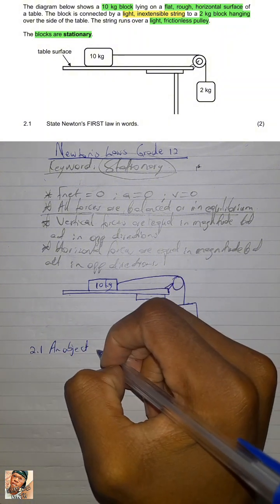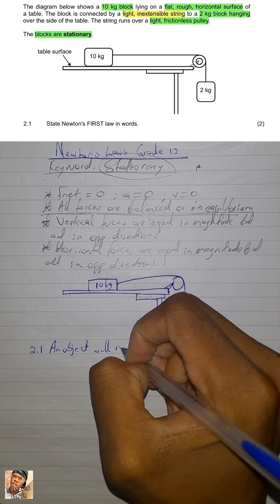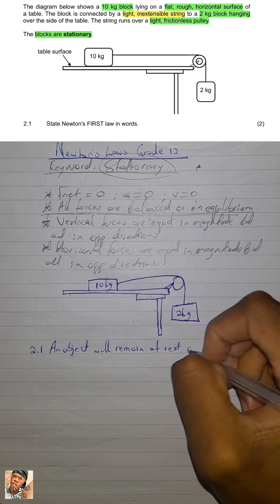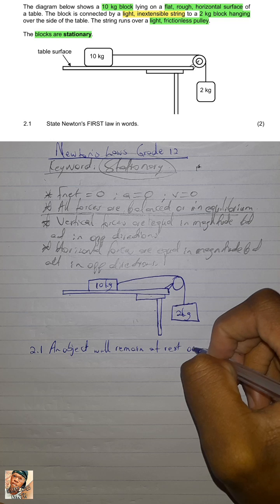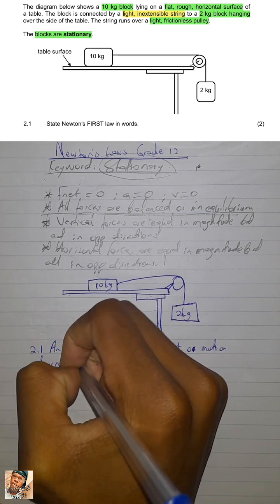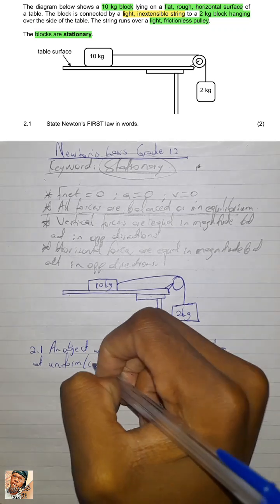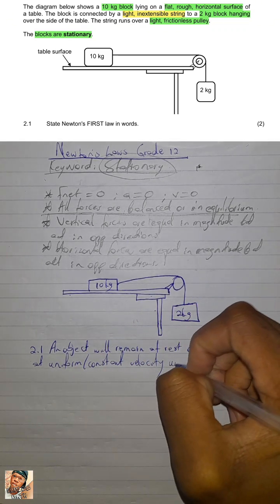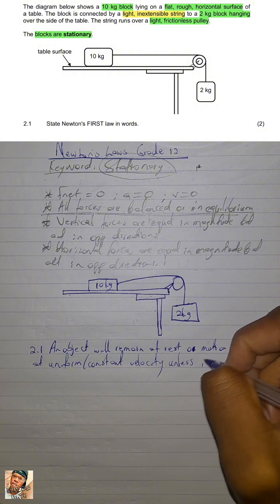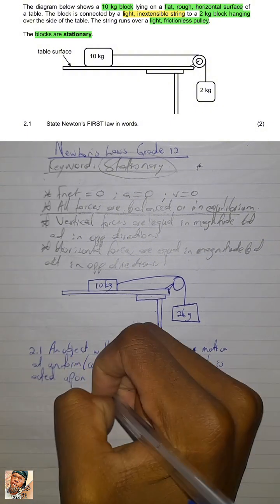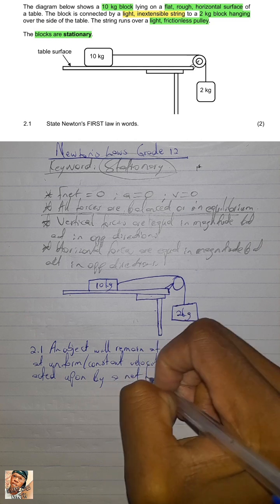An object will remain at rest or in motion at uniform or constant velocity unless it is acted upon by a net force. So uniform also means constant.